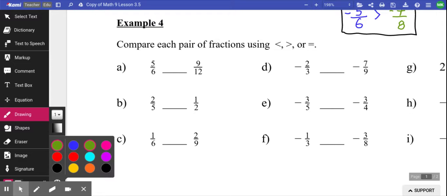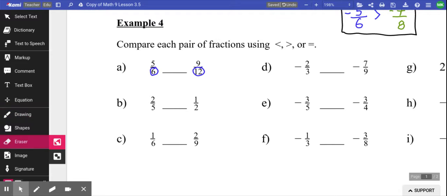If I looked at A and I wanted to compare those fractions, what I would want to do is get a common denominator. Looking at their denominators, 6 and 12, I could turn 6 into 12. So what I would do is I would multiply the one on the left by 2.